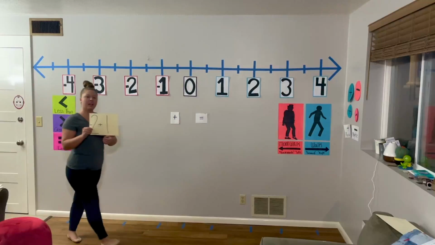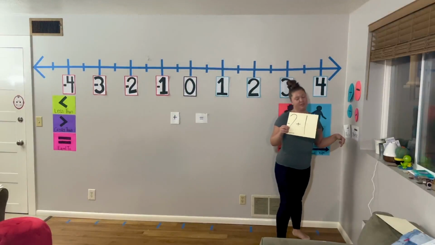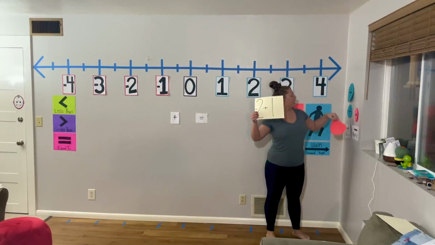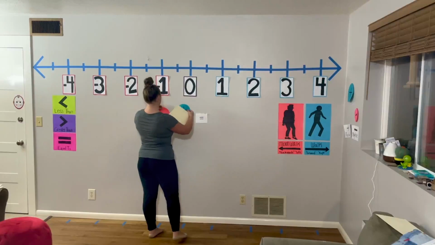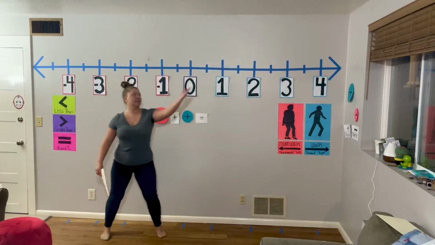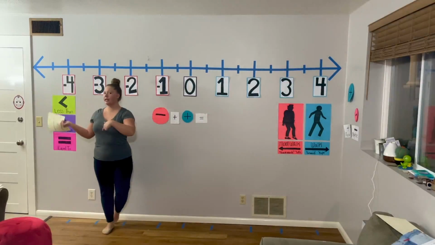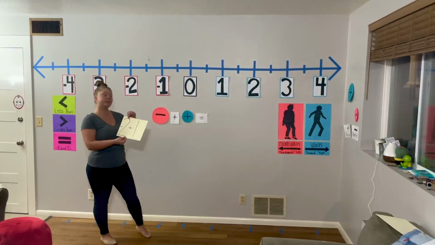Negative 2 plus 1. So negative 2 is 2 spaces away, and 1 is 1 space away from 0. So looks like we've got a bigger negative and a smaller positive. What do you think our answer is going to be? Positive or negative? Well, let's find out. So we're going to start at negative 2.